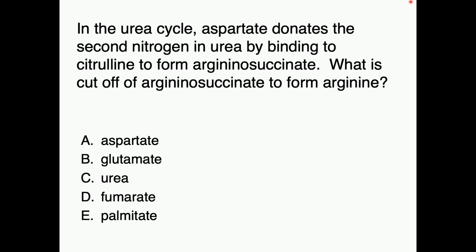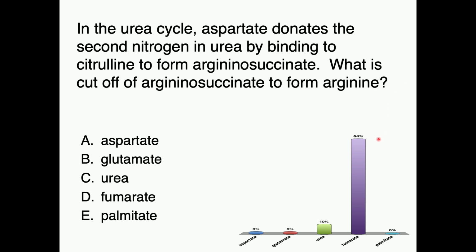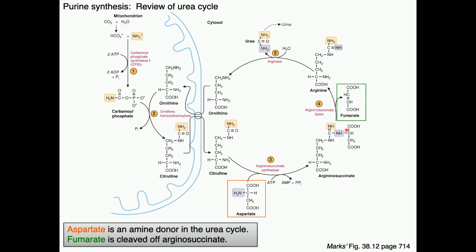Okay, let's see. So the argininosuccinate lyase is cutting off fumarate. Very good. And if we recall from our urea cycle, this is where that reaction happens. So this is a nitrogen transfer reaction that happens in two steps.